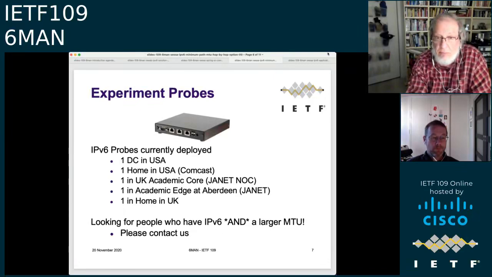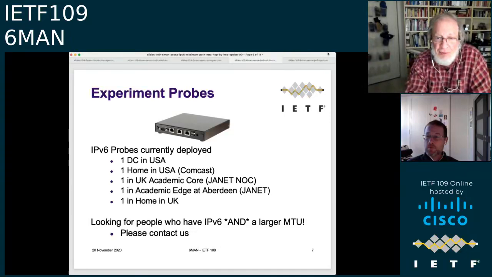We're looking for more people who want to have probes and join in the probing and discovery of where this works. So we'd really love you to contact us, particularly if you have IPv6 interest and you're interested in a larger MTU, or you might even be able to host one of these. So please talk to us.